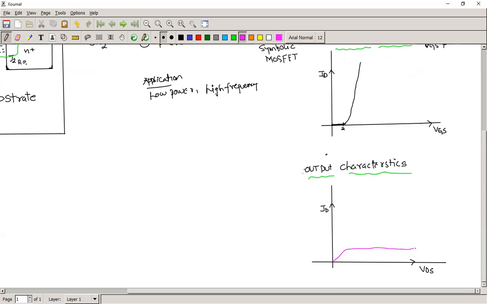If we further increase the drain voltage, breakdown will occur. In the second case, this was VG1, the same experiment we repeat by taking a higher value of the gate voltage.